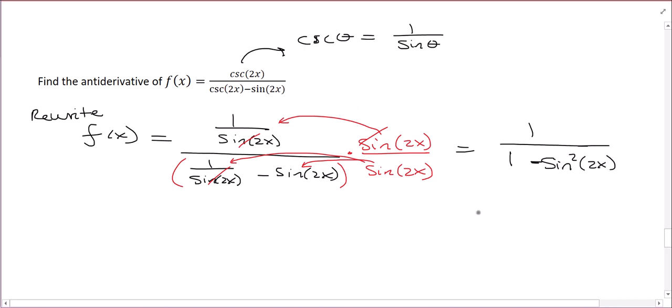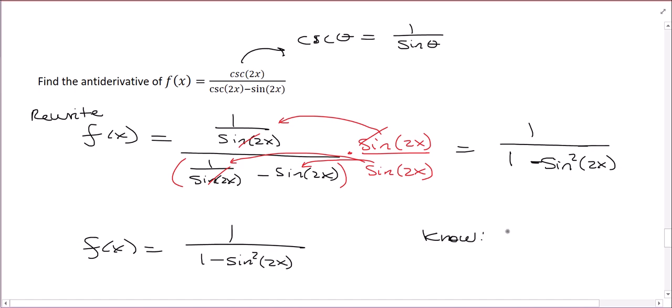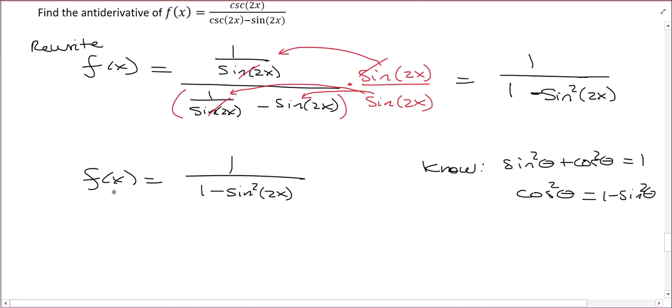So this looks a little bit better. So I have f of x is 1 over 1 minus sine squared 2x, and hopefully this looks familiar. What do we know? We know that sine squared theta plus cosine squared theta equals 1. So if I subtract sine squared from both sides, I get 1 minus sine squared theta is cosine squared. So I can change this to 1 over cosine squared of 2x, which is secant squared of 2x.